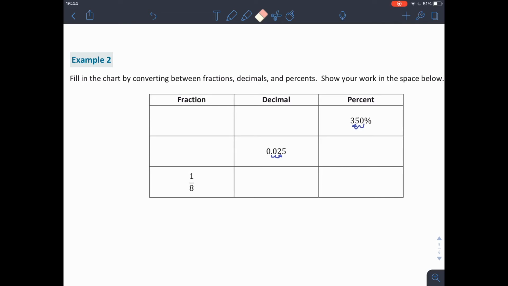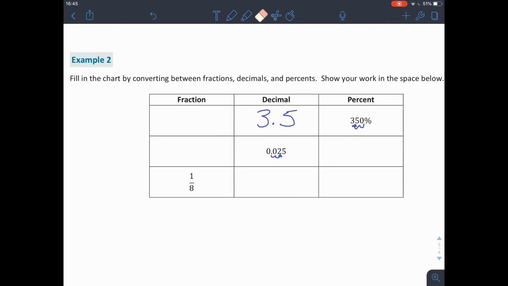So I'm going to start with 350%. First, I'm going to try to turn it into a decimal. I know that to go from a percent to a decimal, I need to divide by 100, which just moves my decimal point 2 places to the left. So when I convert this, I end up with the decimal 3.5. To write my fraction, I can either use my percent or my decimal.